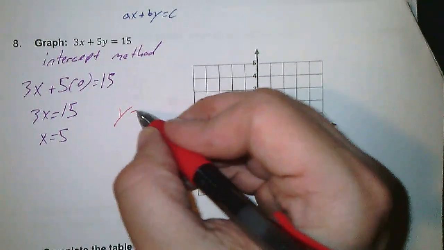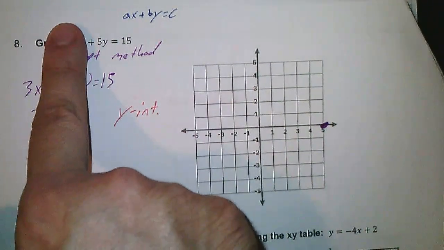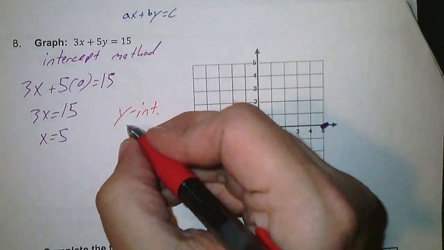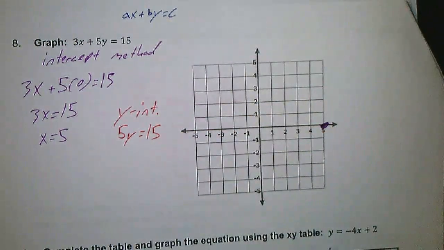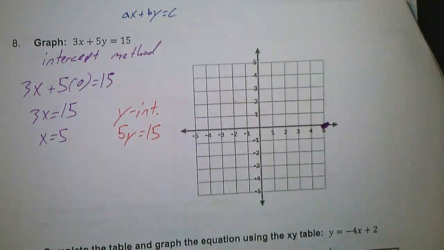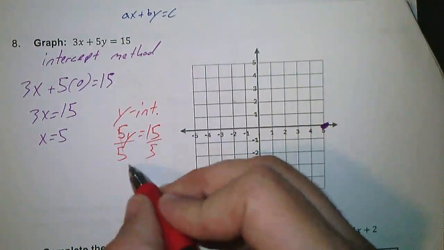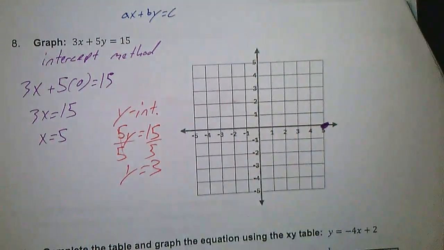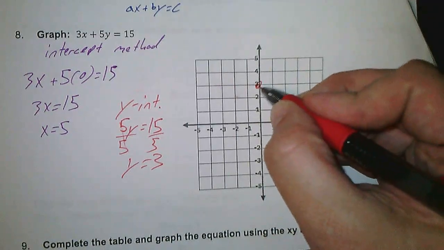If we're looking for the y-intercept, again, we can kind of just zero out the x term and just consider the y term equals the constant. Divide by 5, and y equals 3. As an ordered pair, 0, 3, but here we're just plotting it.